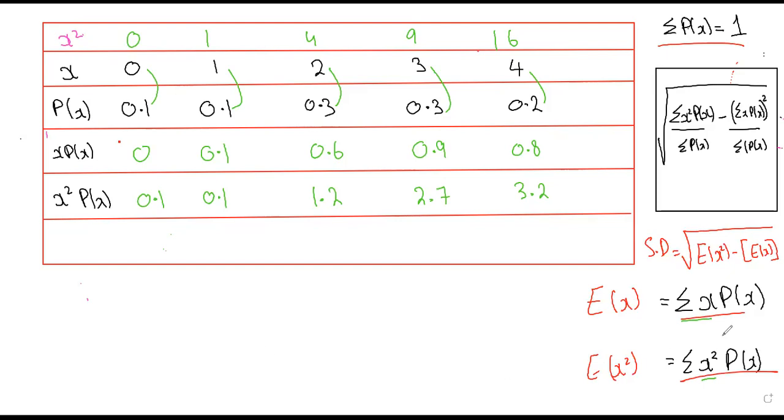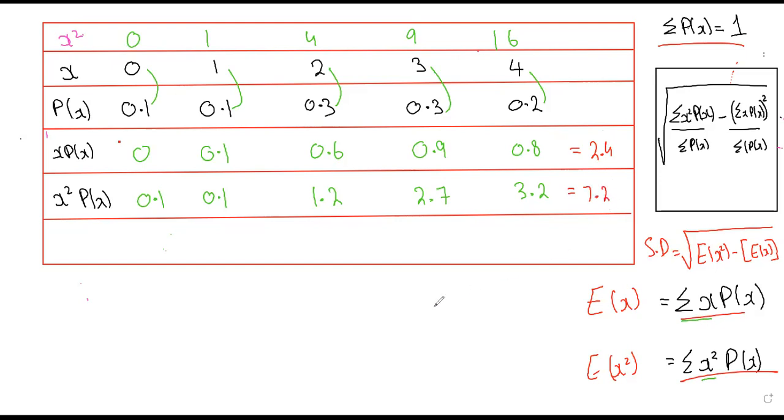All right. Anyways, we need x p(x), the sum of this. What would be the sum? Please tell me. That would be 2.4. And what would be the sum of x squared p(x)? It would be 7.2.